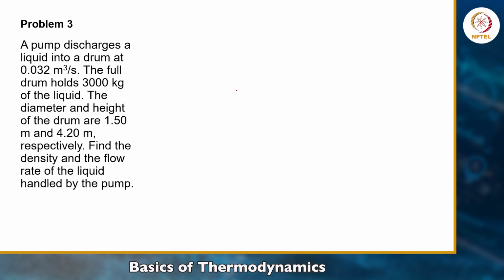So another problem: a pump discharges a liquid into a drum at 0.032 meter cube per second. This flow rate is given. The full drum holds 300 kg. So mass is given, 300 kilogram.